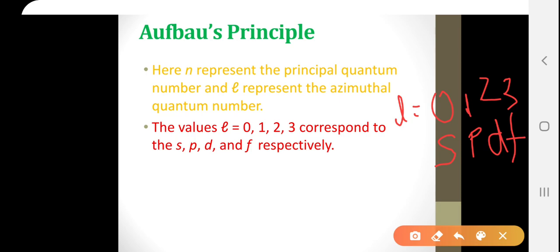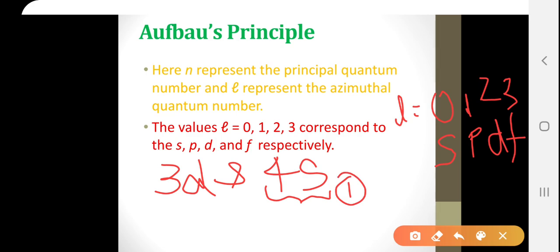For example, I am taking the 3d and 4s orbitals. In this case, the electron first enters 4s compared to 3d. 3d is a lower energy level, the third energy level, and 4 is a higher energy level.